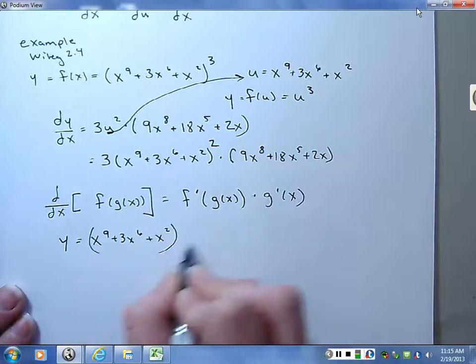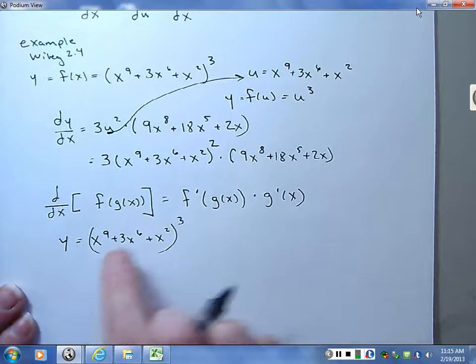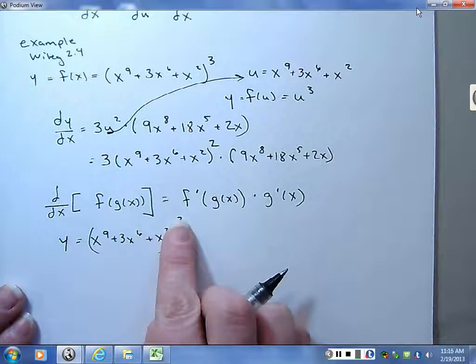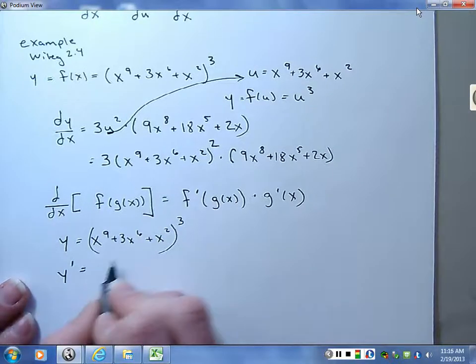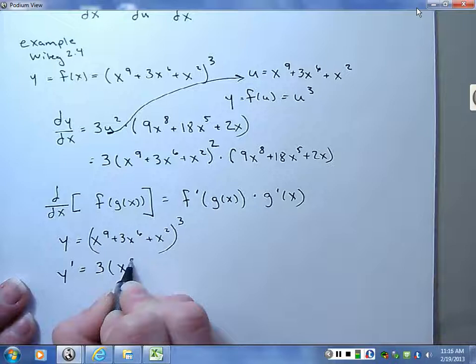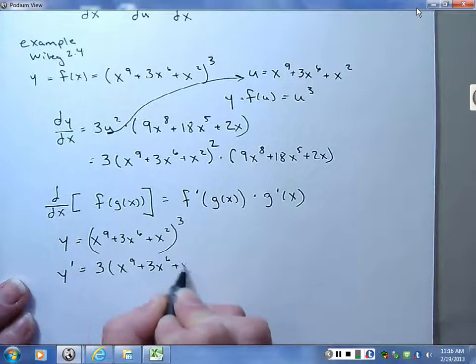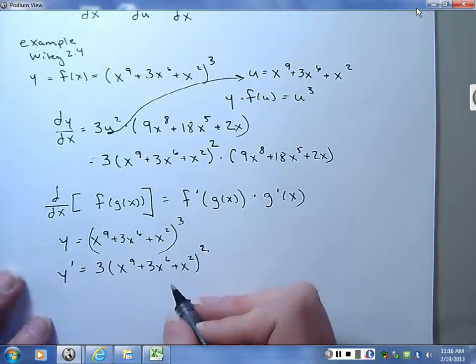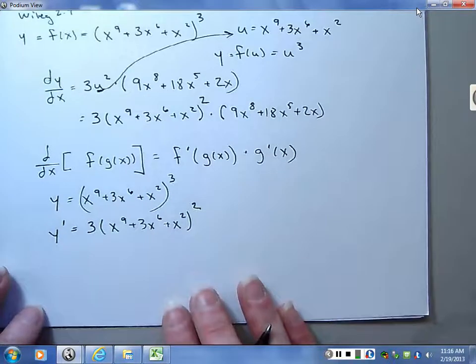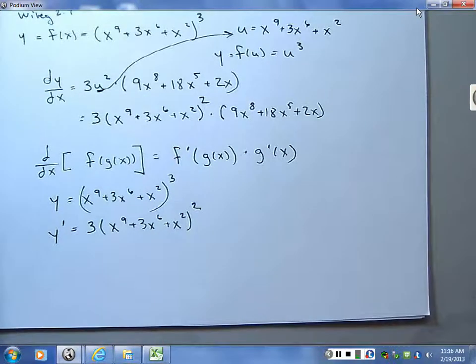do you guys see that the outside function is something cubed? So the derivative of the outside would be 3, that something, you leave alone, squared. You guys see that? So if I have something cubed and I take the derivative of it, it is 3, that something squared, times the derivative of that something.